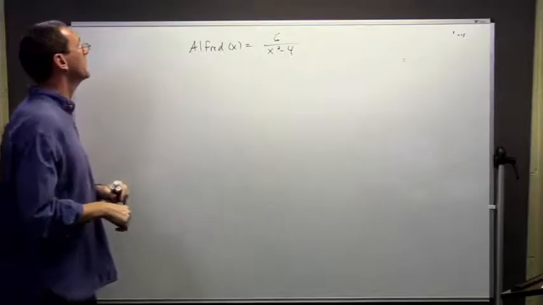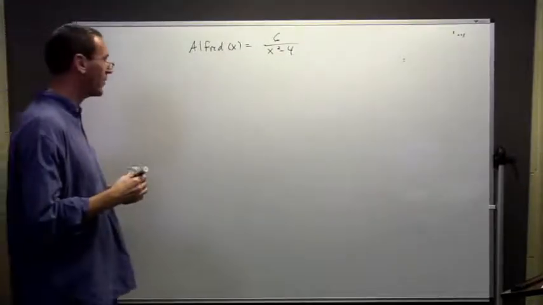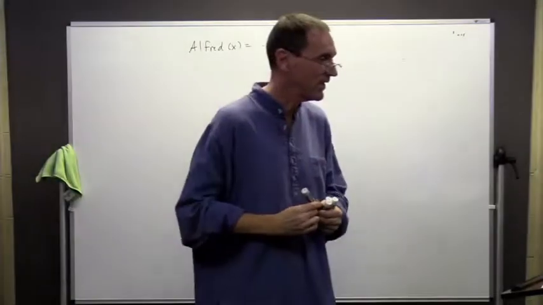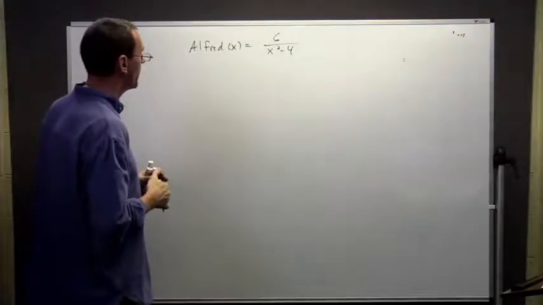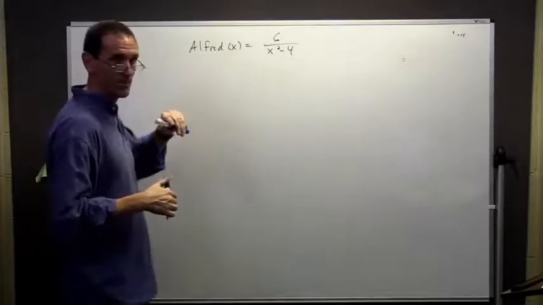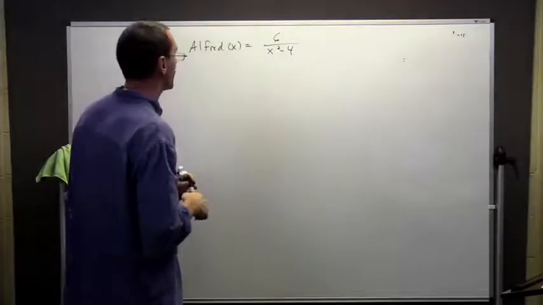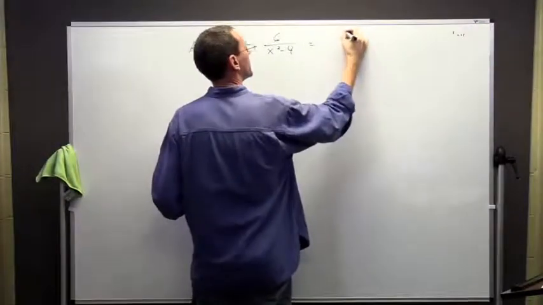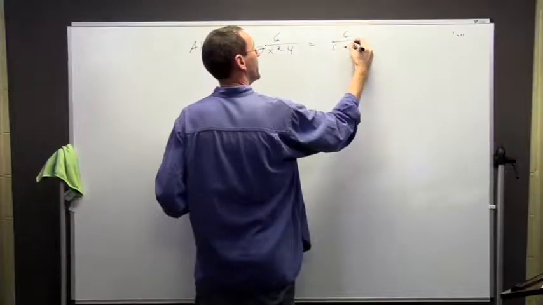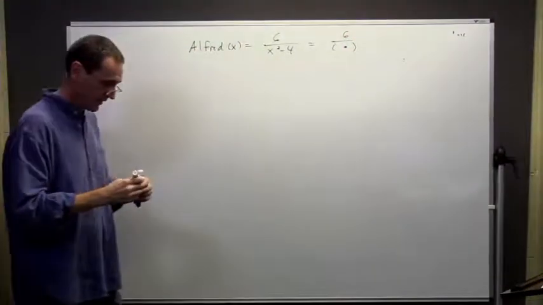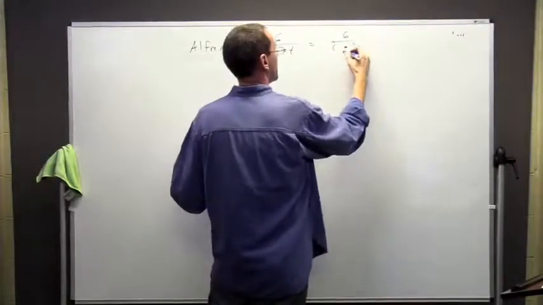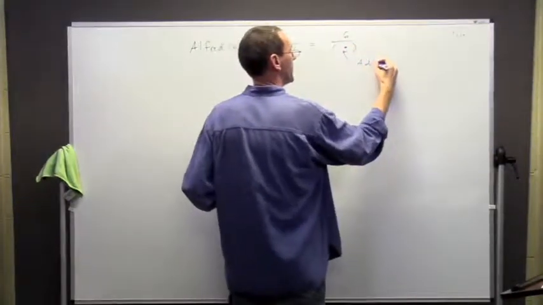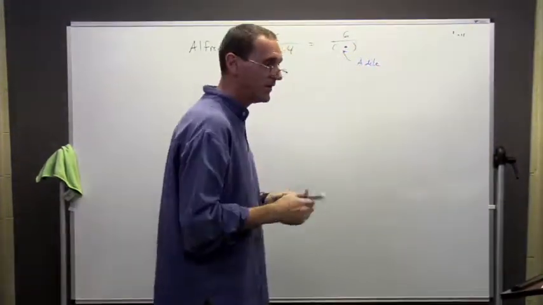And Alfred is going to be 6 over x squared minus 4. So I'm going to define two functions so that I can then write this function in terms of compositions of the old functions. So what is this? This is 6 divided by something. Okay. So whatever I'm doing down here, whatever this operation is here, I'm going to call this Adele.